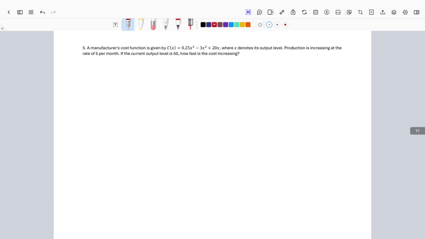A manufacturer's cost function is given by C(x) = 0.25x cubed minus 3x squared plus 20x, where x denotes its output level. Production is increasing at the rate of 5 per month. If the current output level is 50, how fast is the cost increasing?